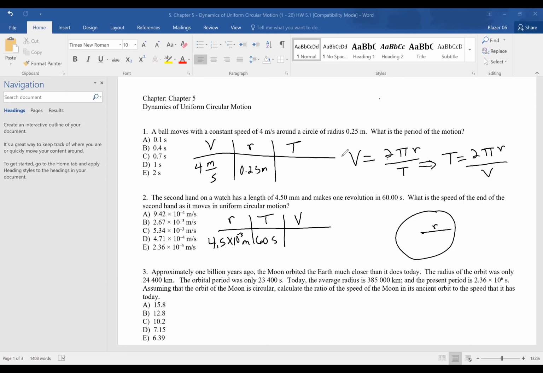We're going to solve this equation. We put in 2 pi times 4.5 divided by the period. What do we get? Let's do that one together.